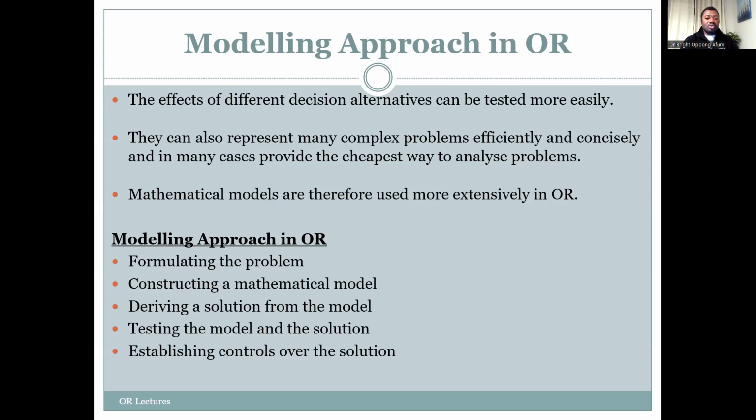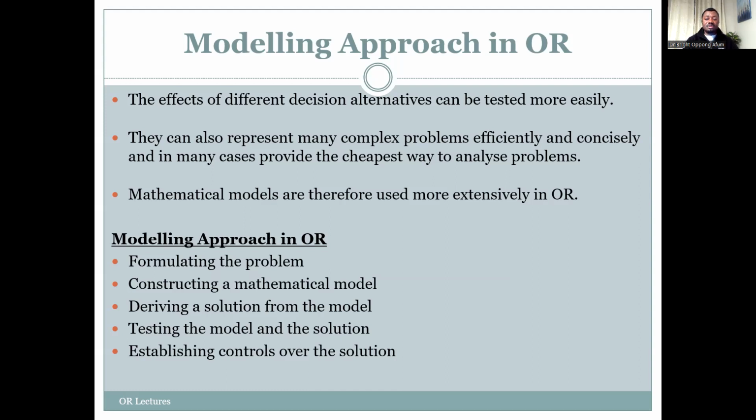They can also represent many complex problems efficiently and concisely, and in many cases provide the cheapest way to analyze problems. So it becomes very cheap, because there's no need to build a physical model, run your experiment on it, build another physical model, change the parameters, and run your experimental study on it.